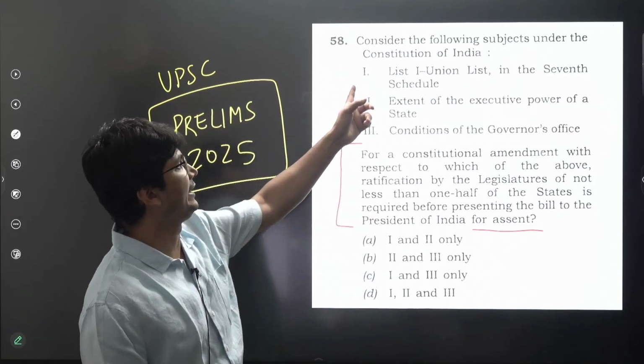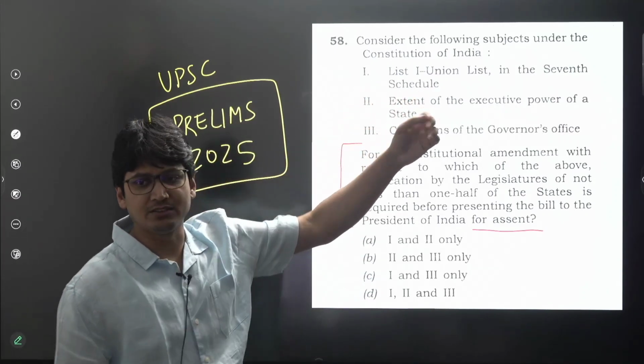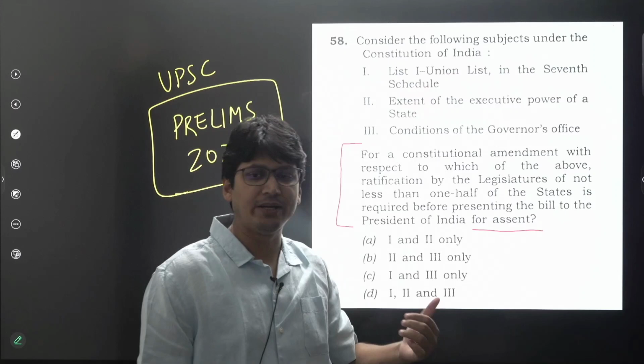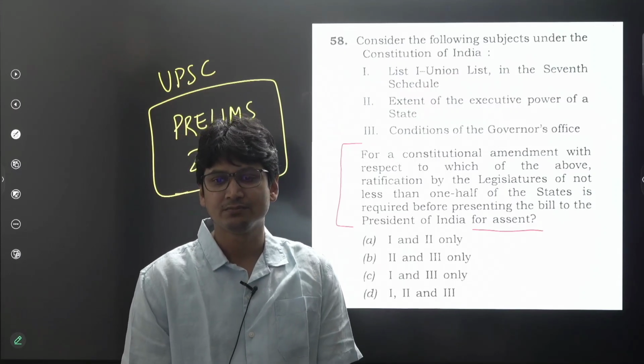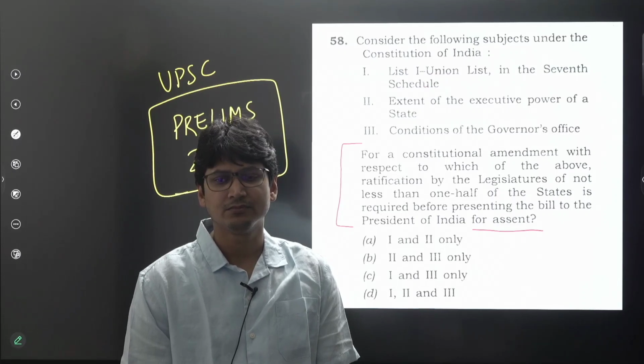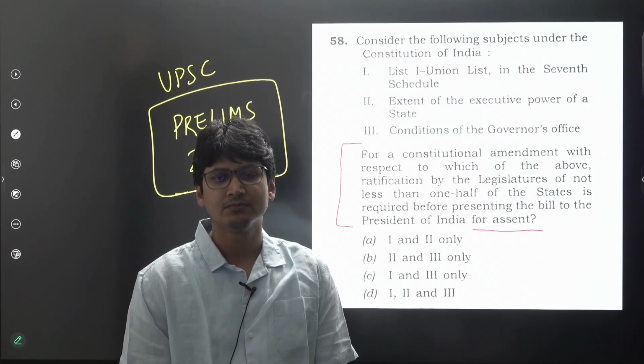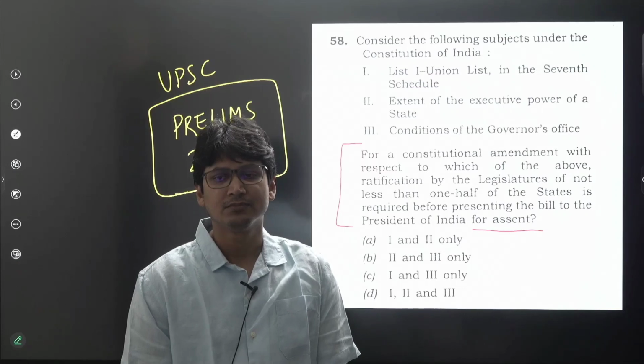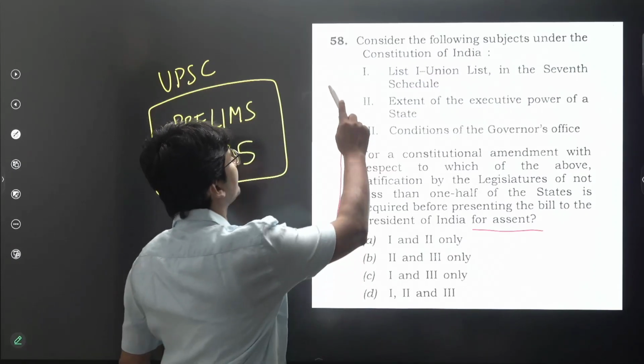Do you think any changes in list 1 or the union list needs a ratification by at least half of the state legislatures? Yes. So 1 is correct.